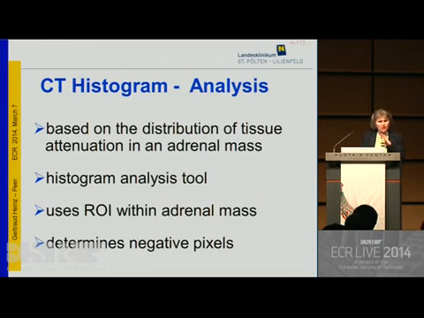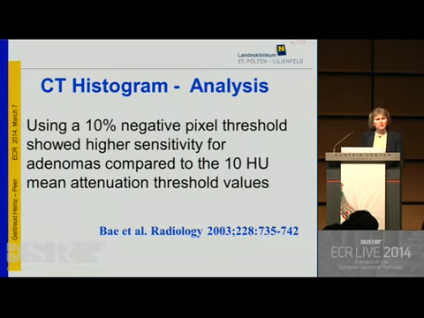That means all pixels within the lesion are calculated within a specific ROI. And by using a 10% threshold value, it has been shown that this technique is very sensitive. It is even more sensitive compared to the use of the 10 Hounsfield units threshold value with the unenhanced CT.